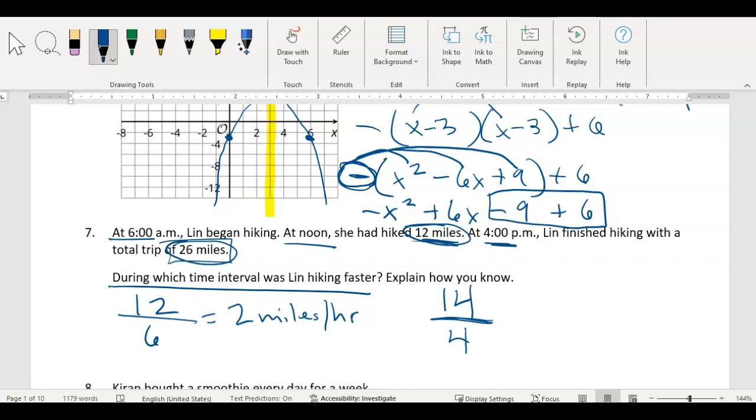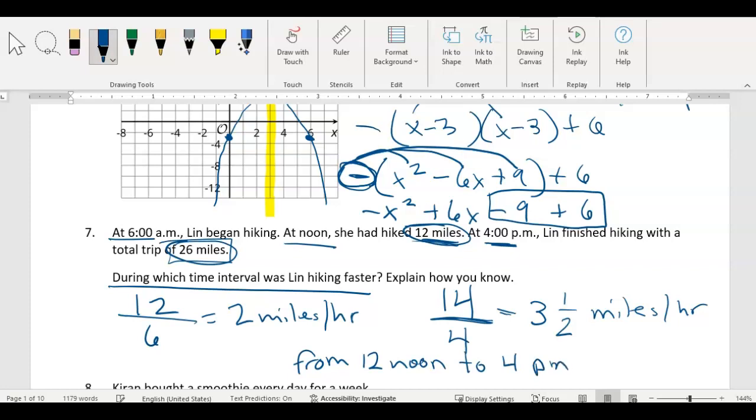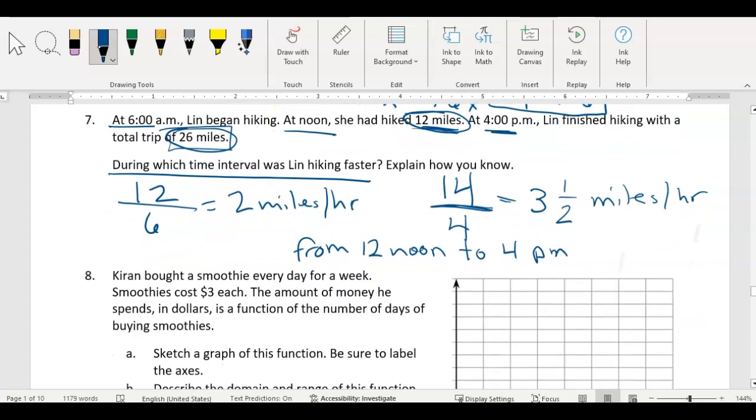Automatically looking at this, this is going to be a larger number. We're looking at 3 1/2 miles per hour. So the time interval that she hiked faster was from 12 noon to 4 p.m. She was going 1.5 miles per hour faster.